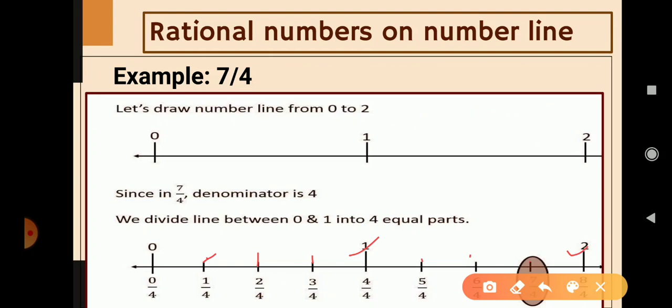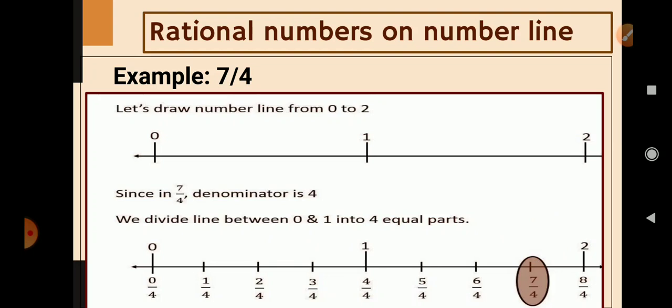From here you count 1, 2, 3, 4, 5, 6, so this is the 7th place. Every time, by observing the denominator, make the parts of the number line. Then count from the start till 7, because the numerator is 7. So this is 7 by 4. This is how you represent a rational number on the number line.